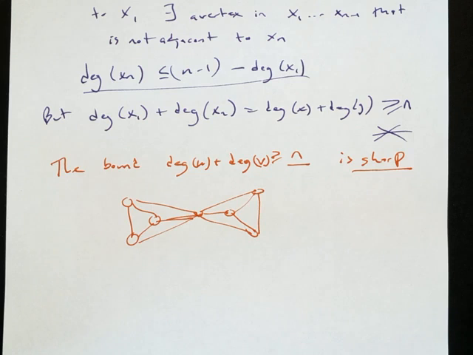I don't want to look at pairs of vertices. I just want to look at single vertices, and still only have to look at one vertex at a time.